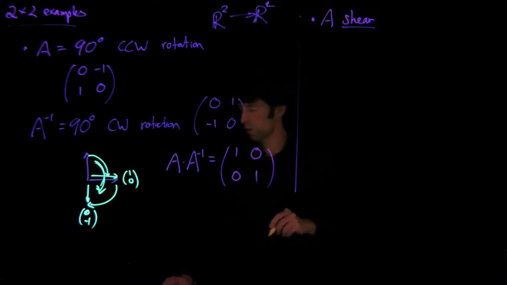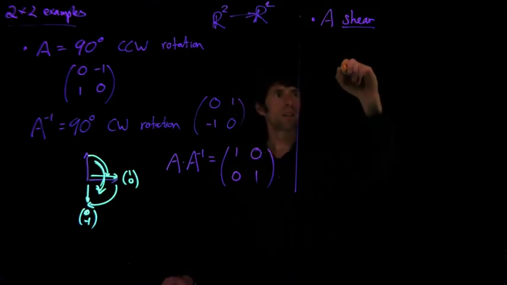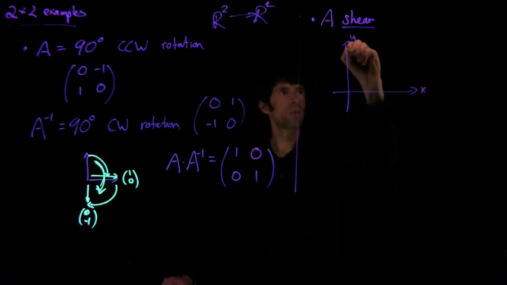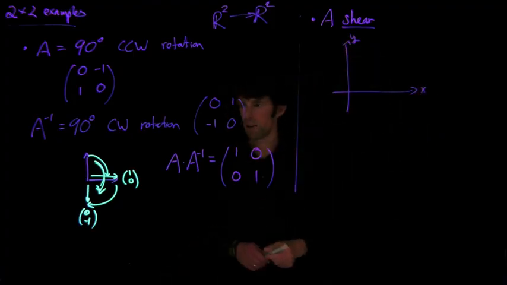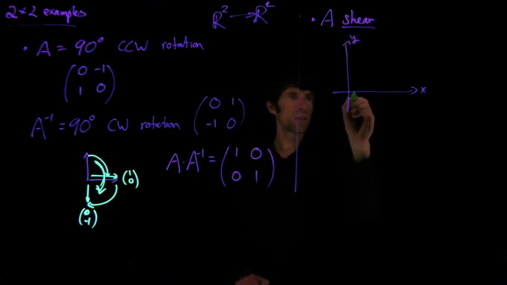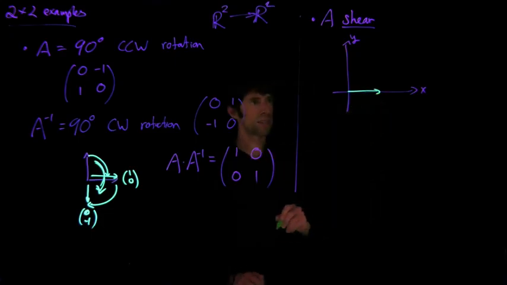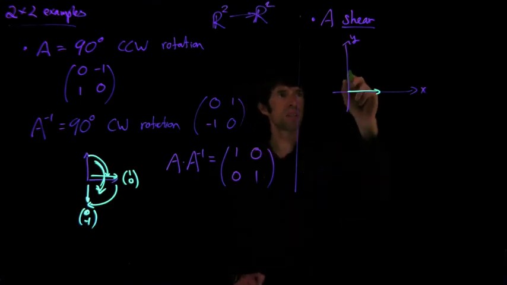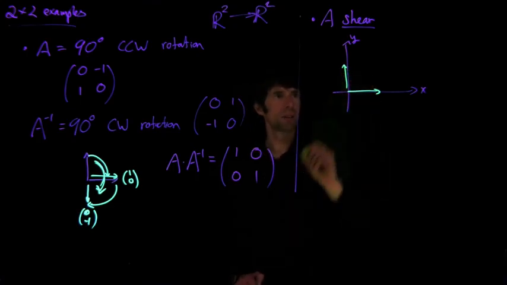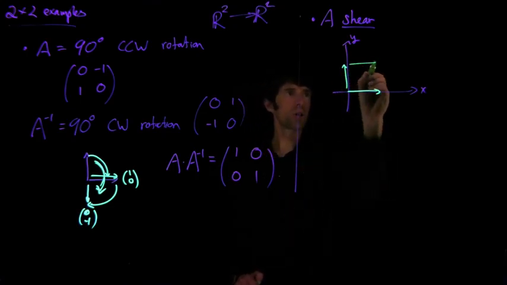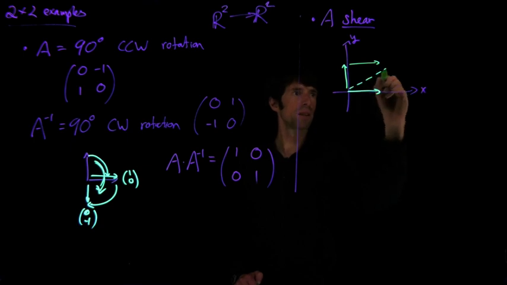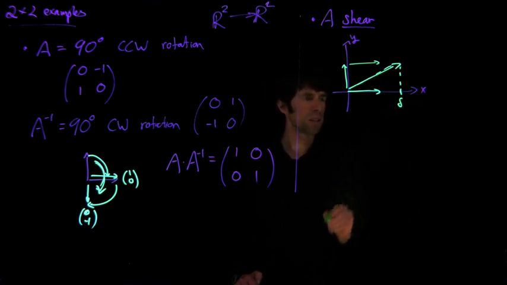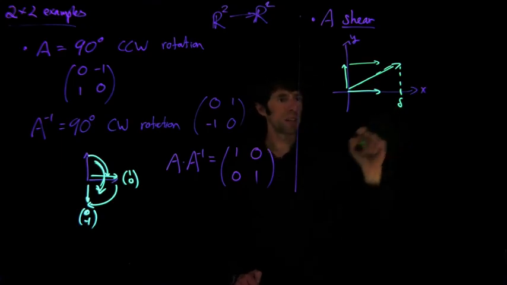Let's think of what's called a shear transformation. So if I draw my xy axes here, let's suppose that the x standard basis vector stays exactly where it is, and the y vector is going to get pushed along to the side here to something like this at an x coordinate. That's the Greek letter delta there.